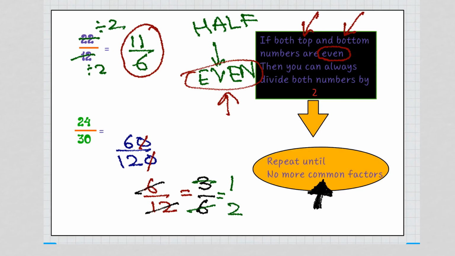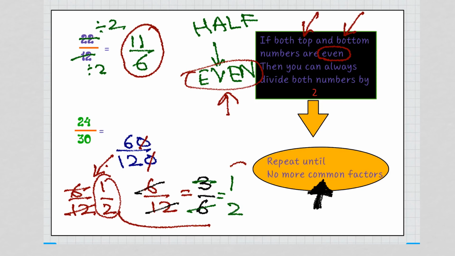Also, there's another way of doing it. 6 over 12, 6 and 12 both go in the table of 6. You can divide top and bottom by 6, or 6 times 1 is 6 and 6 times 2 is 12. So that gives us the same answer. It's up to you how you want to simplify it.